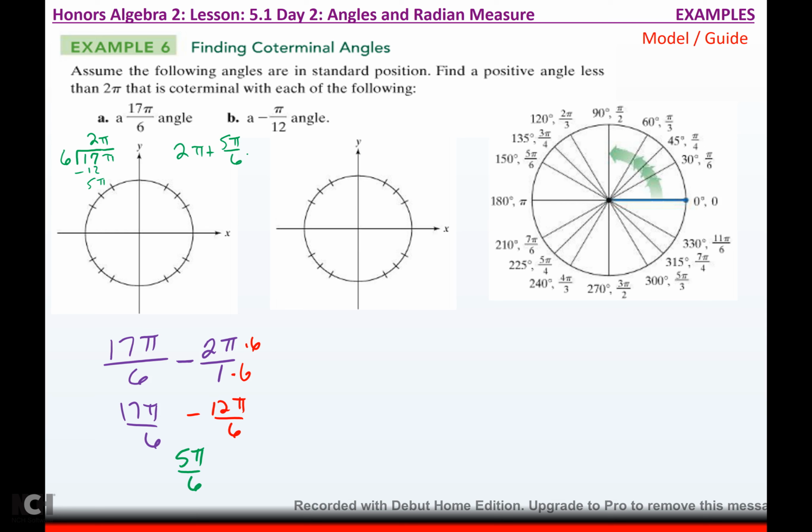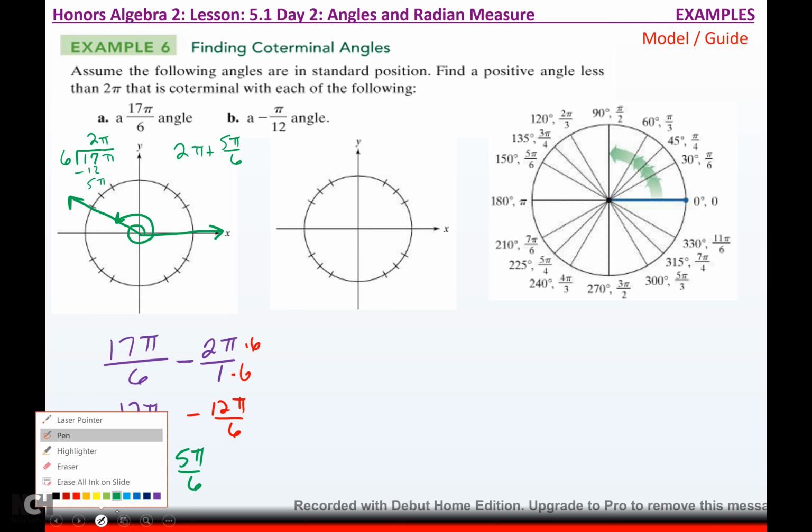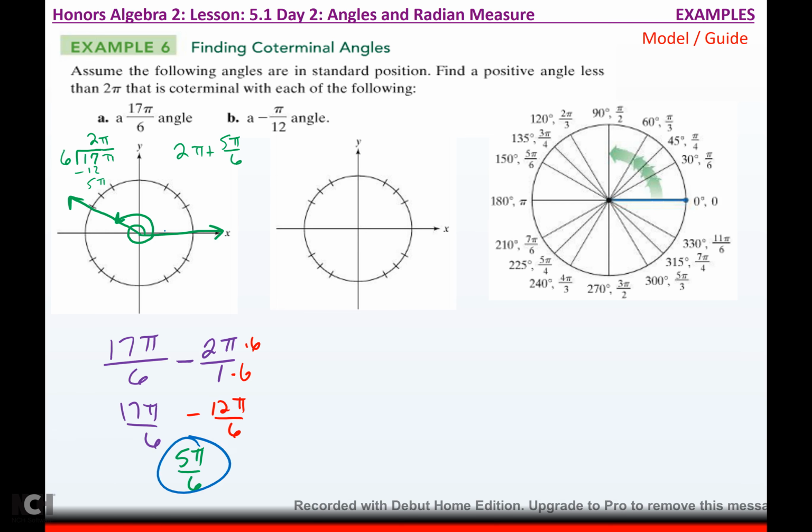So to graph 17 pi over 6, I would go 1 pi, 2 pi, plus another 5 pi over 6, which is right here. In green is my 17 pi over 6. In blue is 5 pi over 6, which would just be from here to here. So you can see in blue, I had to travel a lot less, but I ended up in the same position, which means those angles are coterminal.